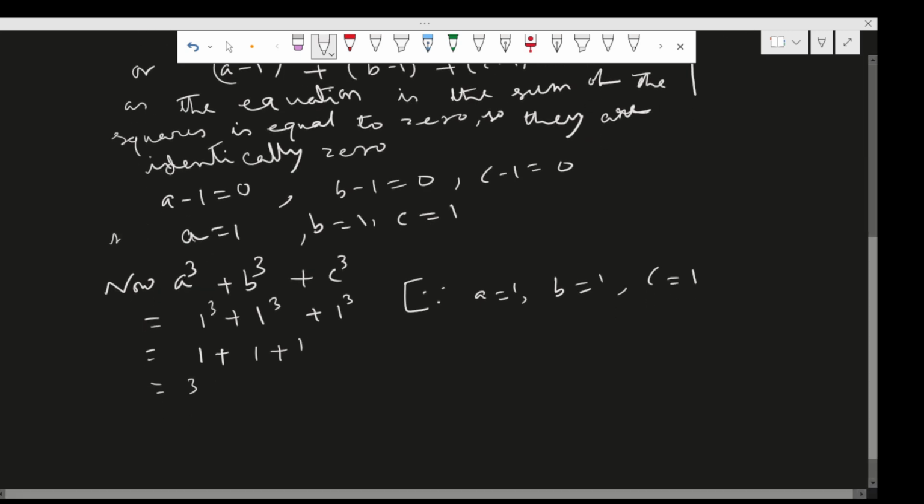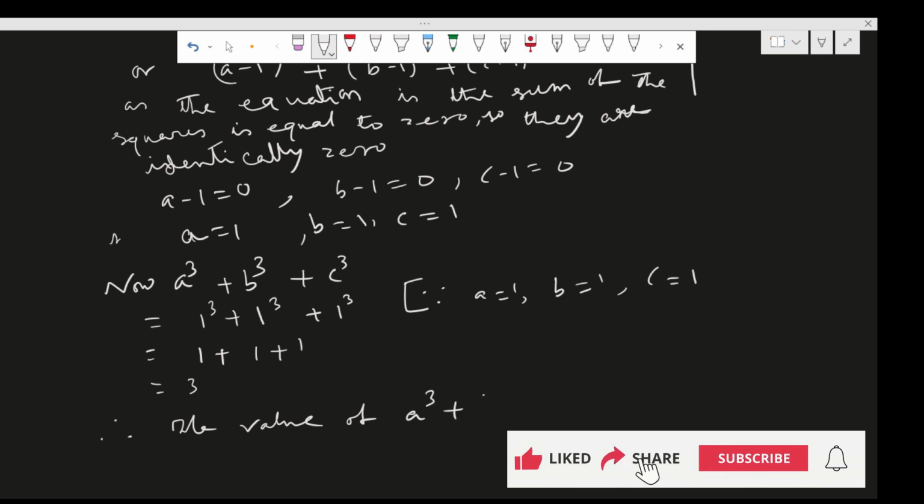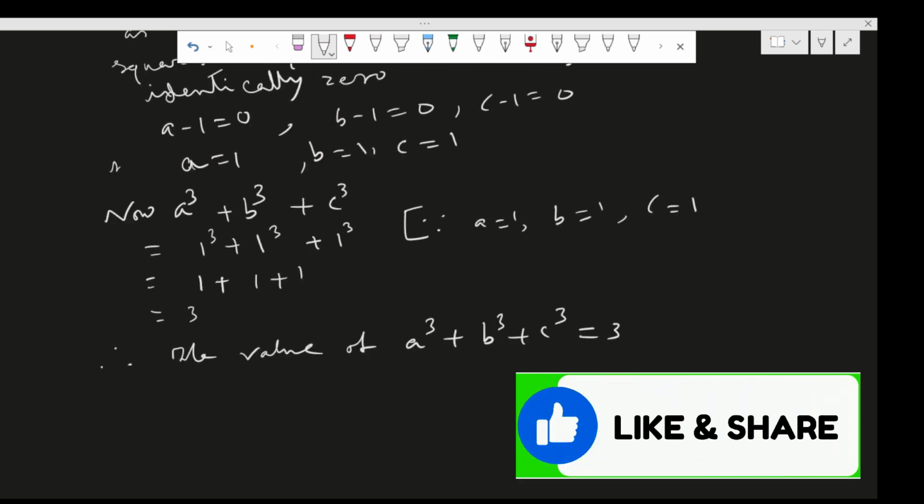Therefore the value of a cube plus b cube plus c cube is equal to 3. So done.